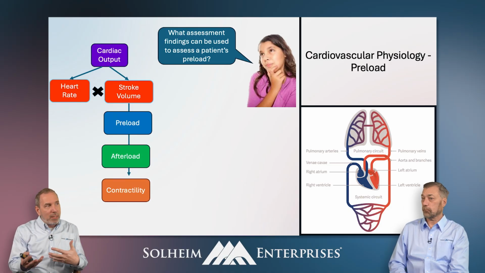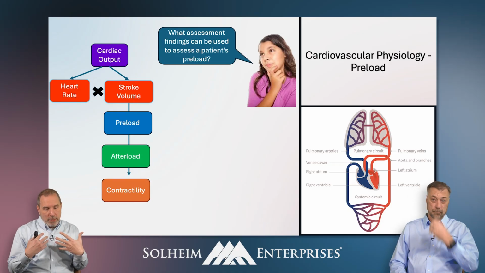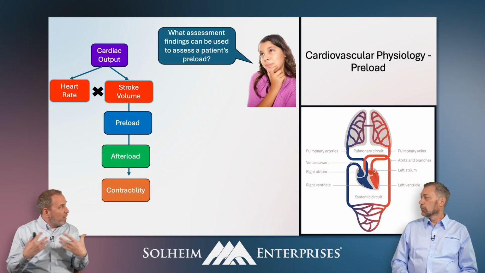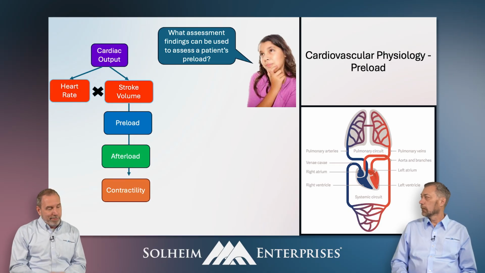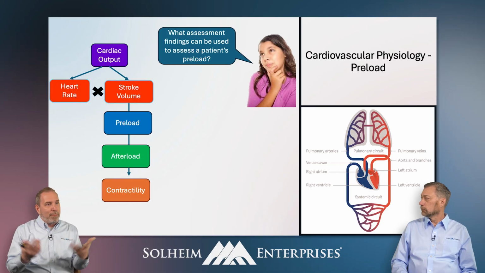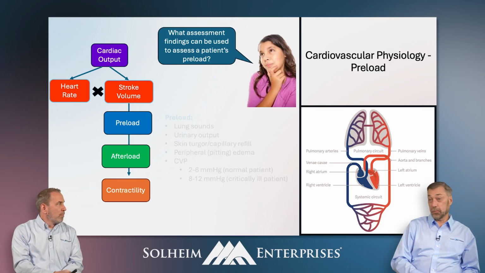Okay. So the left side of the heart will push fluid back into the lungs. You can check like JVD. Yeah. You can check systemic volume. You could check fluid in the system. You could check urine. You could check edema.